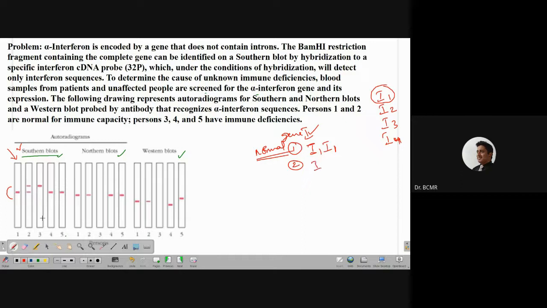Band 1 corresponds to the band we are calling the normal person. And it's also said in the question that these two people have no problems. So it could be that this person has one functional allele, and the other one is something new, which we will mark as allele 2, I2.